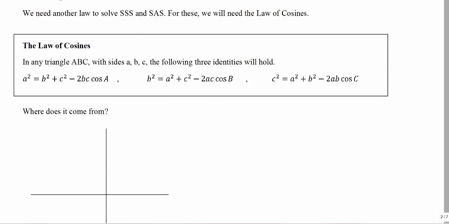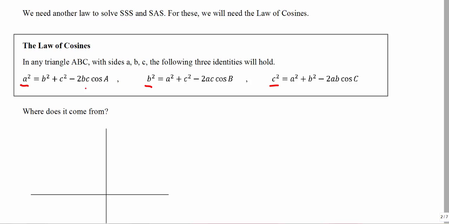And the law of cosines is different than the law of sines. It actually looks like a single equation. You'll notice that each one of these formulas has one of the sides by itself on one side, squared.